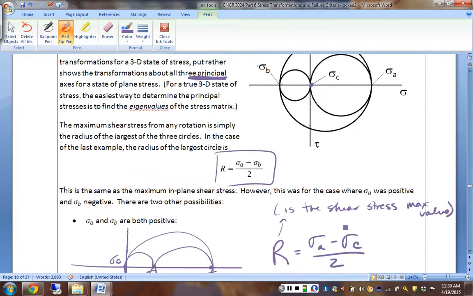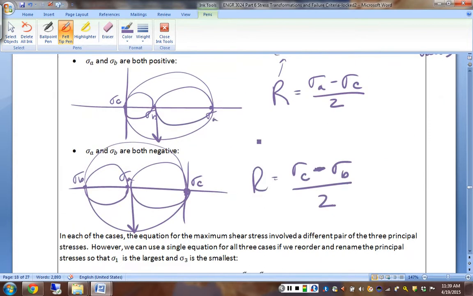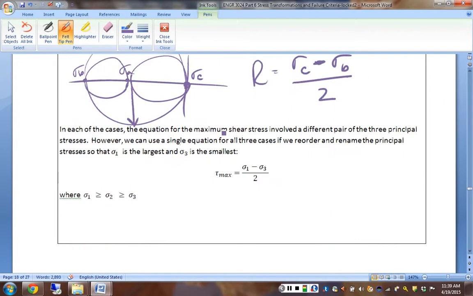So this is a little cumbersome, and again, maximum shear stress here is always the radius of the largest circle. Depending on the relative signs of the two principal stresses, it's a different pair of principal stresses.